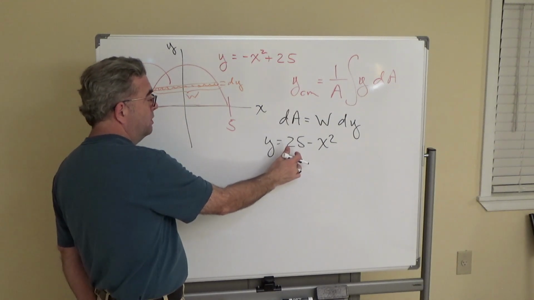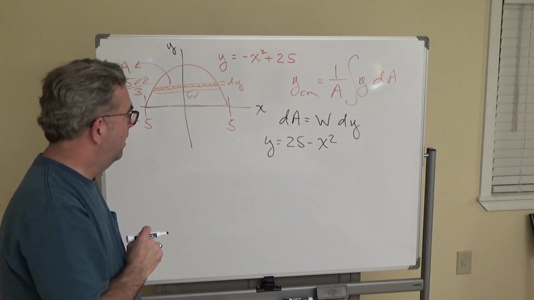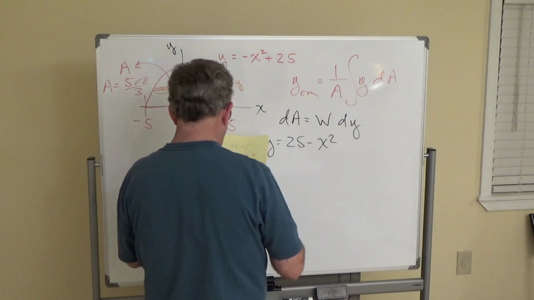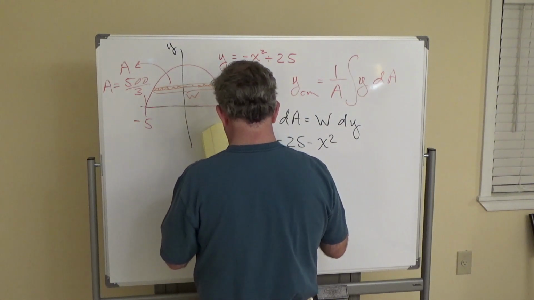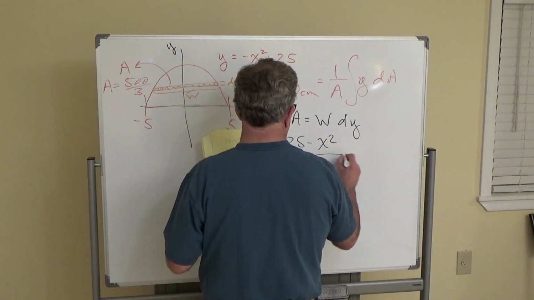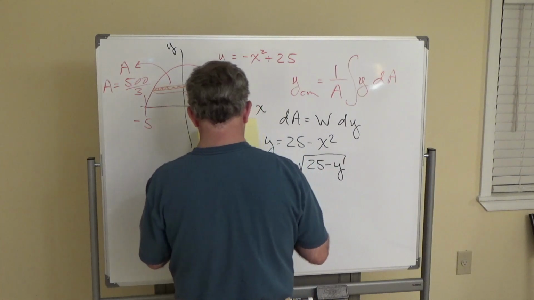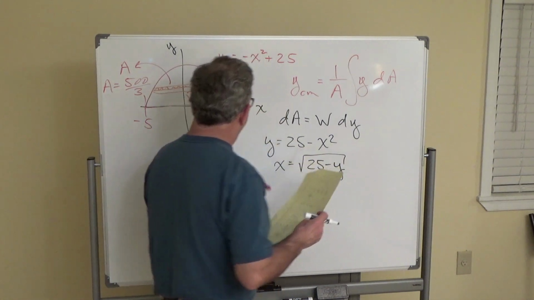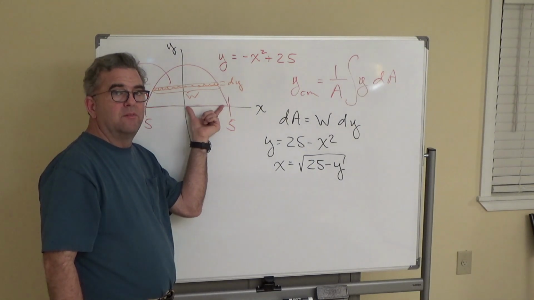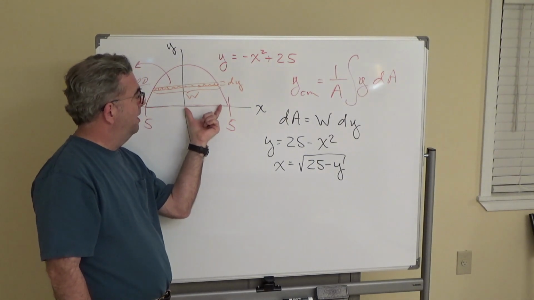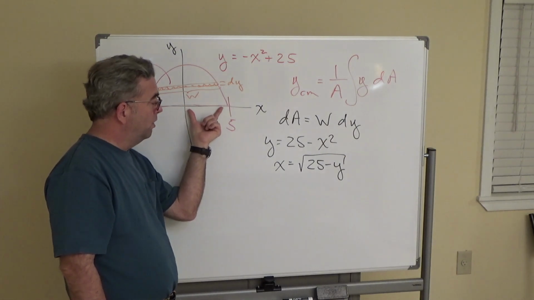So all I'm going to do is solve this for x. So you get x is equal to the square root of 25 minus y. That's this distance x, that little bit of distance that you have from the origin.